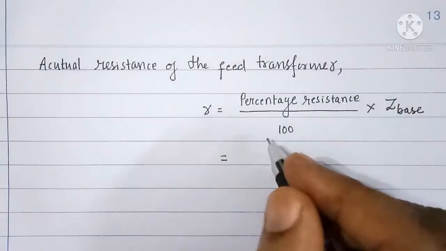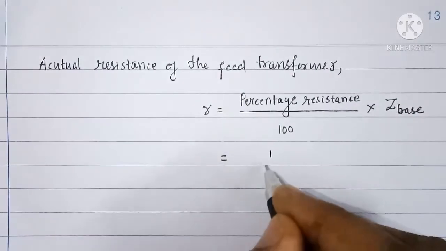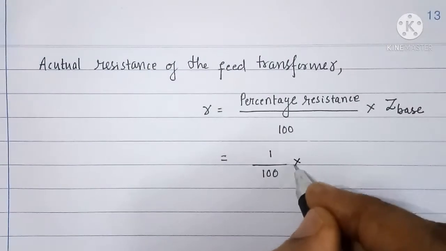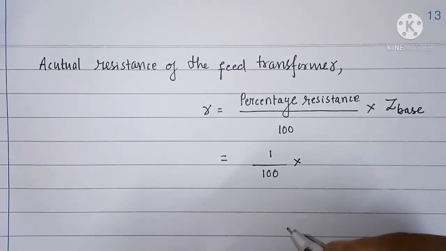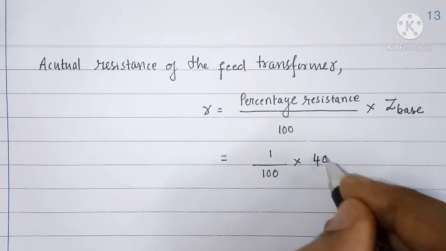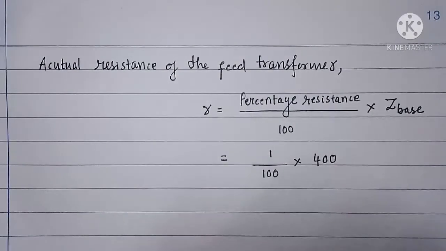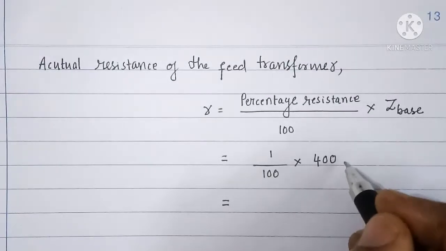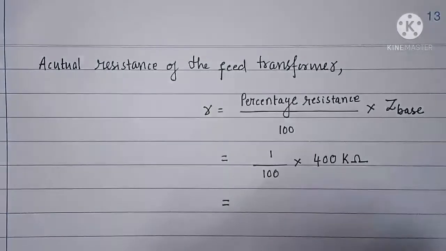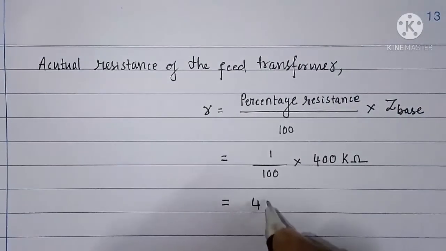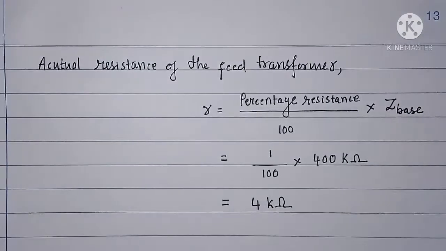That is equal to 1 divided by 100 into 400 kilo ohm. That is equal to 4 kilo ohm.